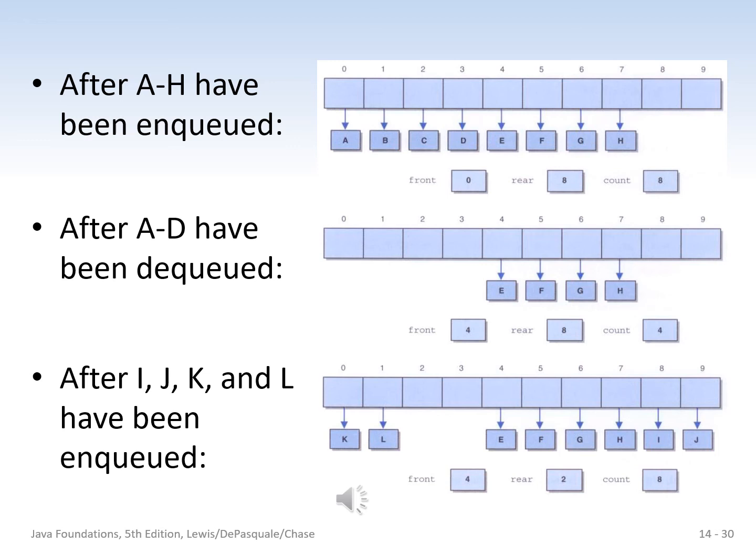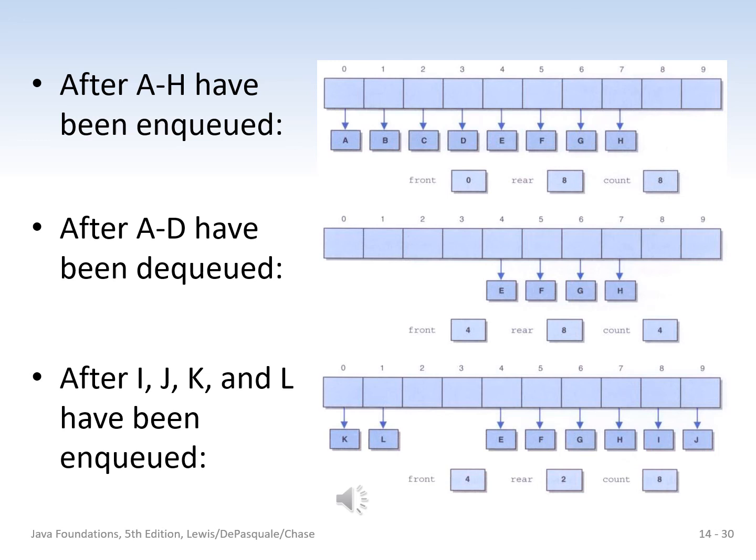So A, first item was added as you would expect, index 0, B to 1, C to 2, etc., up to H at index 7. So the variable front holds 0, rear holds 8, count holds 8. Okay? 8 minus 0 is going to give us 8.